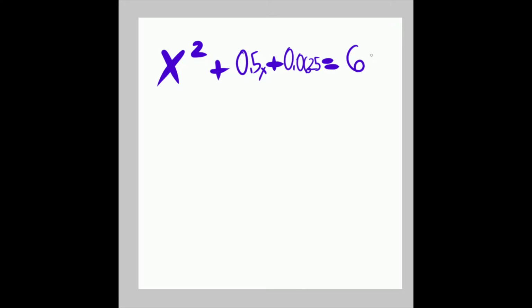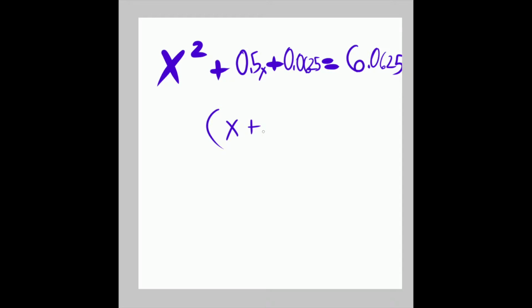Now that we have our additional value, whatever we do to one side of the equation, we need to do to the other side, in which case we need to add 0.0625 to this side as well, resulting in 6.0625 on one side of the equation.